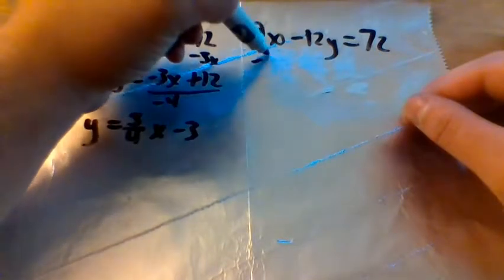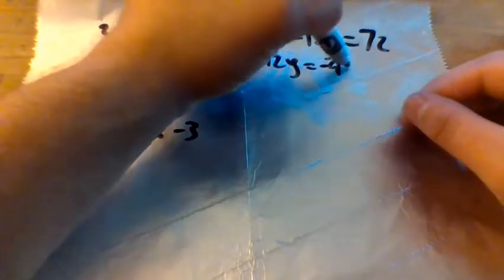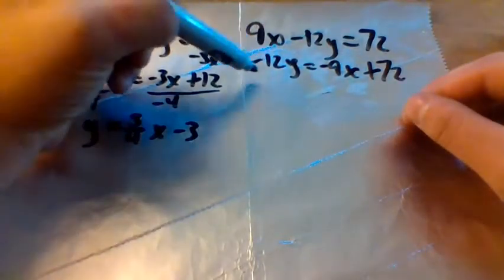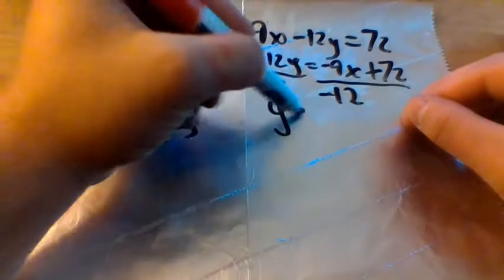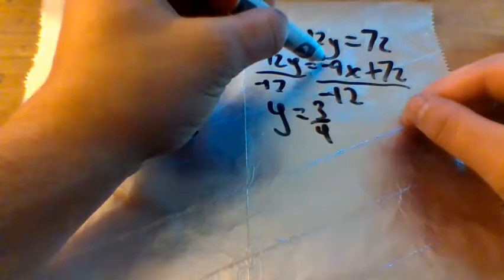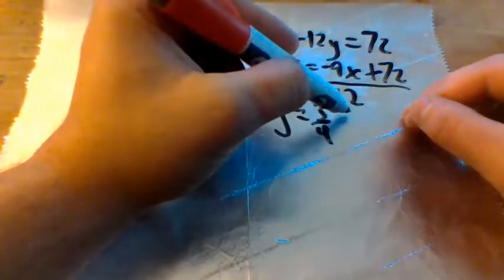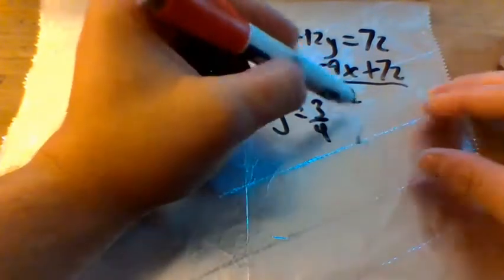And then we're going to do the same thing to this one. So you're going to subtract the 9x. So it's going to be negative 12y equals negative 9x plus 72. And then you're going to divide by negative 12. And then it's going to be y equals 3/4 x, because when you simplify it, you take out the negative and get down to 3/4, and then minus 3.